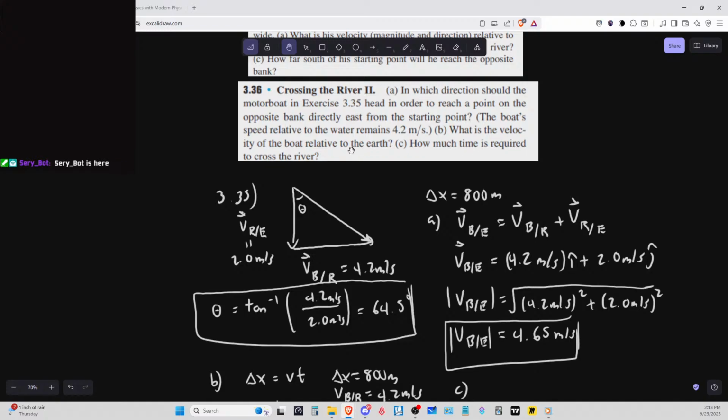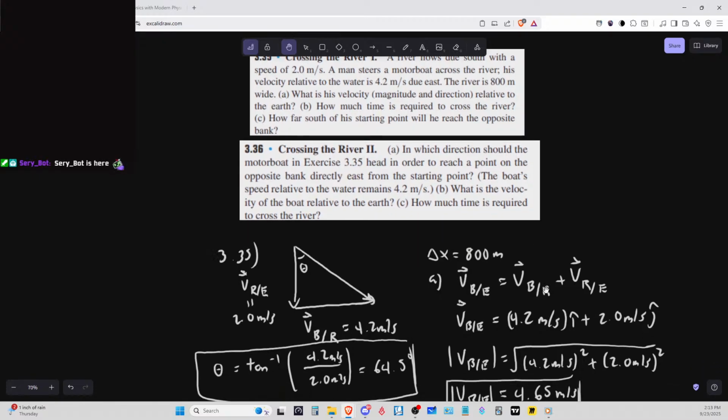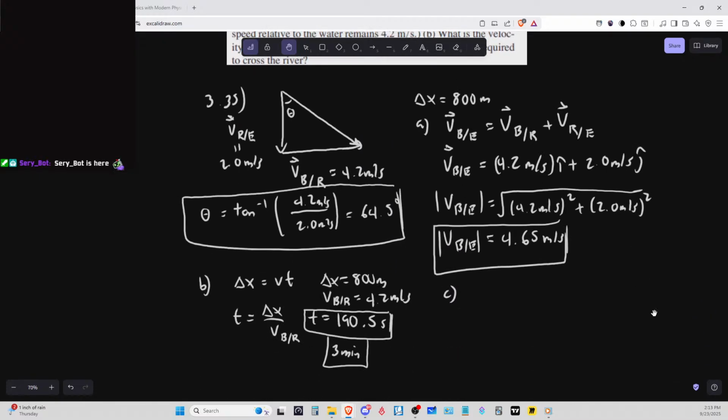How far south from his starting point will he reach the opposite bank?